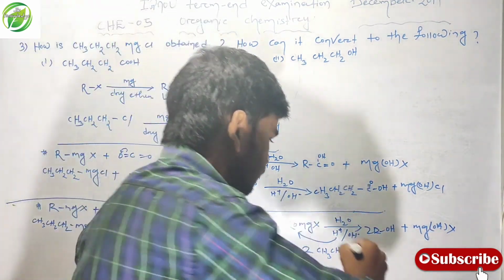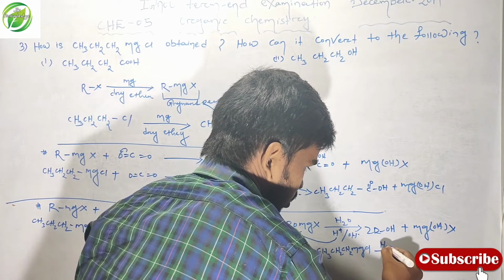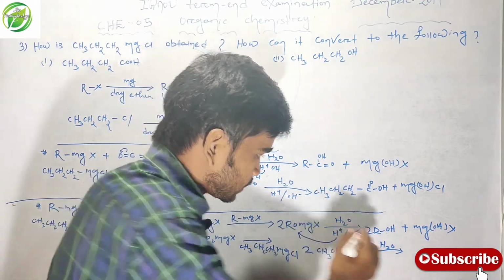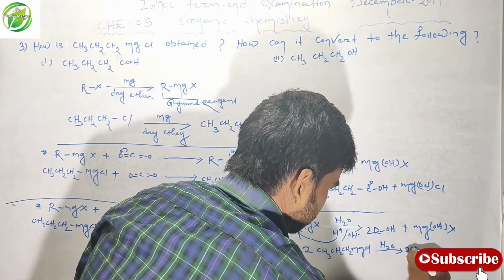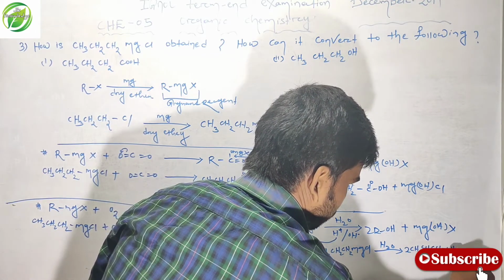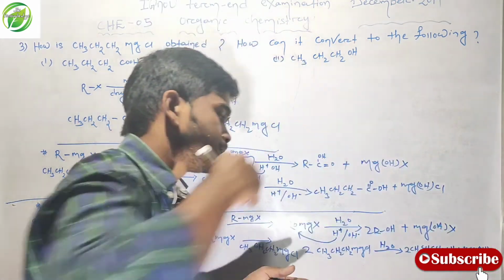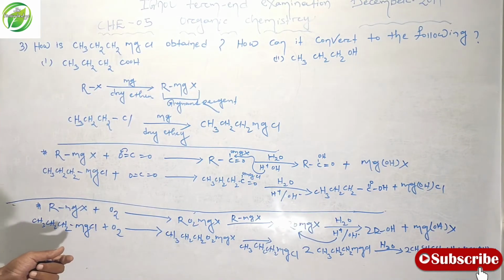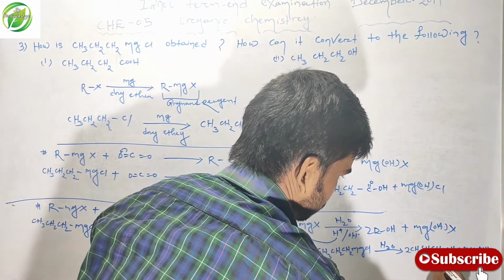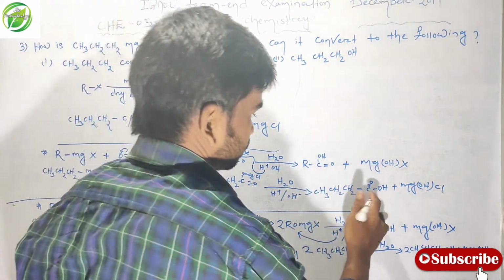When this product is hydrolyzed in the presence of water, the resultant alcohol is formed, that is CH3CH2CH2OH plus Cl. Friends, this is propanol and this is butanoic acid.